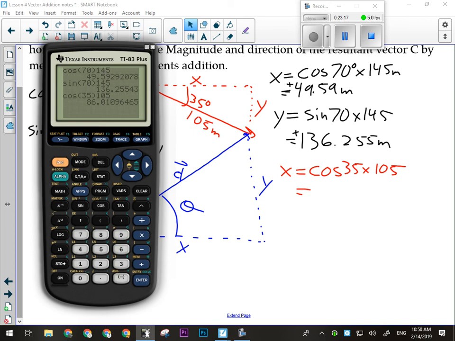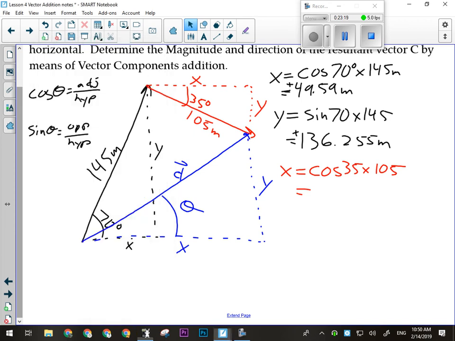So we got 86.01 meters, and that's positive. It's pointing in the same direction as the other x I had, which was positive, so it's positive too.